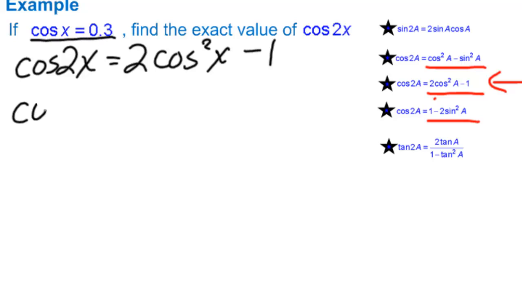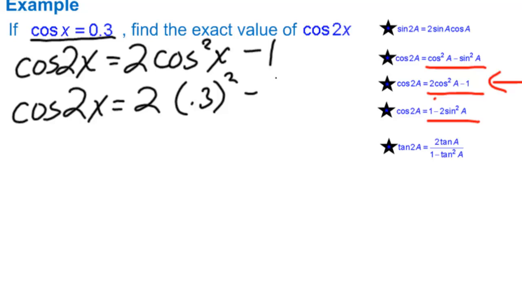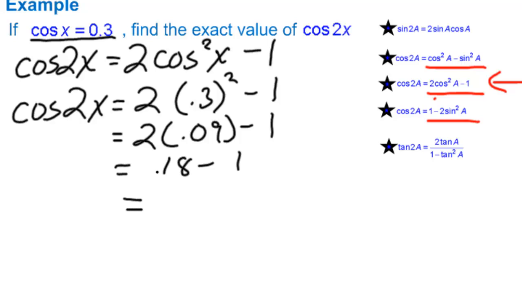So the cosine of 2x is going to be 2 times 0.3 squared minus 1, which means that's going to be 2 times 0.09 minus 1, or 0.18 minus 1, or negative 0.82. So our answer is negative 0.82.